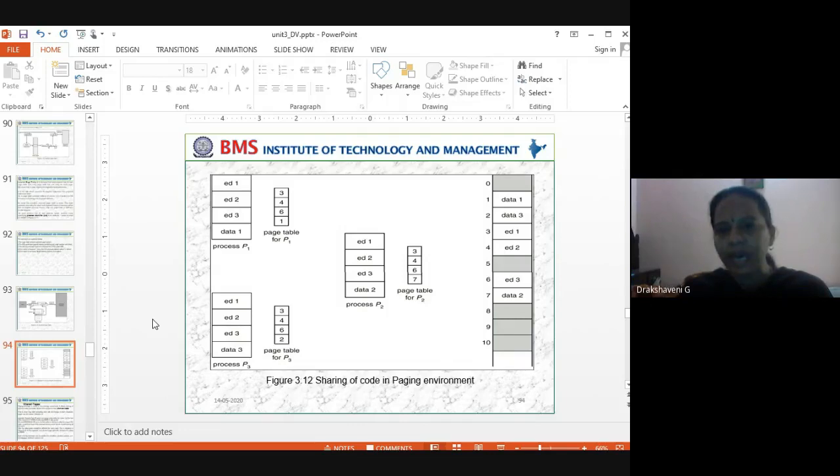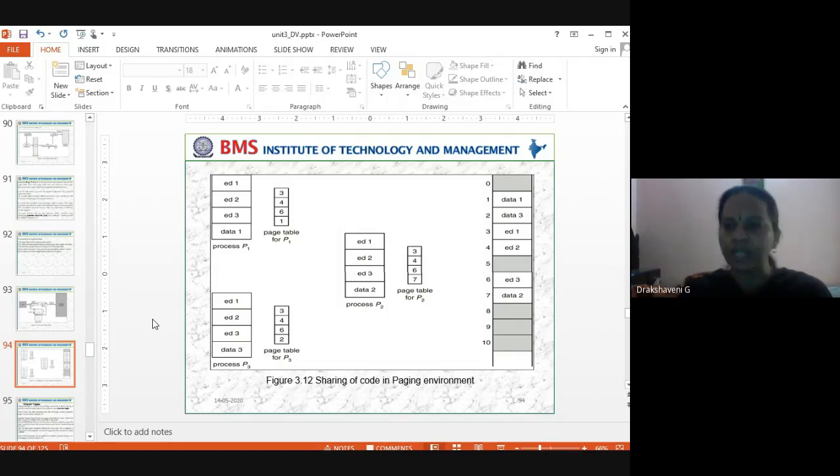And where are these stored? Data 1 of process P1 is stored at place 1. In the same way, data 2 of process P2 is stored in place 7, and data of P3 is stored in 2. That's how the data is present in the physical memory.